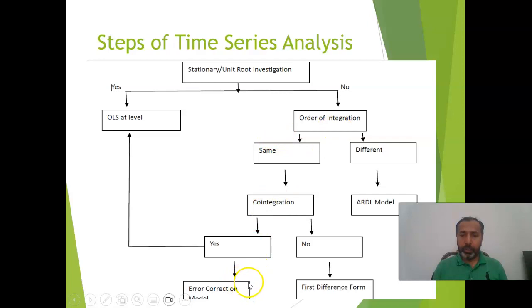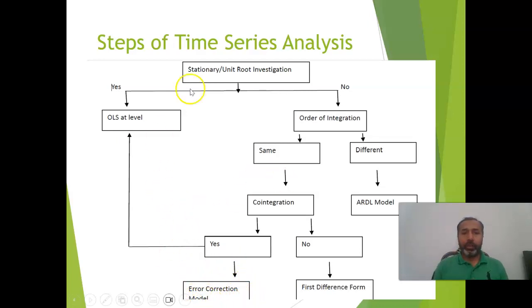If we are running the error correction model, it means that at the first step we concluded that variables were non-stationary at level and their order of integration was the same, and through application of co-integration techniques we concluded that those variables are co-integrated, which means they had a long-run relationship, and then to measure the short-term relationship we apply the error correction model.